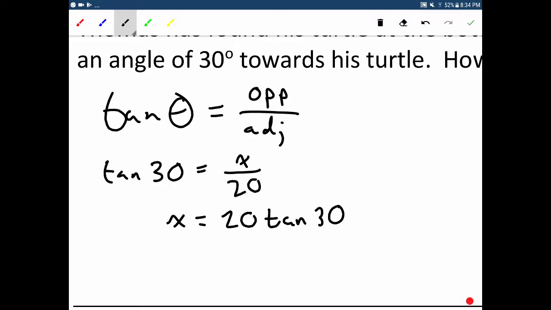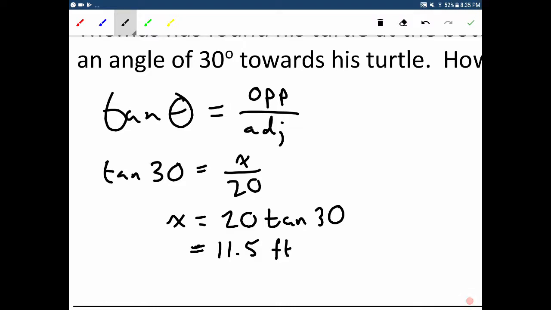And again, you're just going to punch it into your calculator. And again, I really encourage you to actually try this on your calculator right now, just to make sure that you can get the answer that I get, which is 11.54. We'll round to 11.5, and that was in feet.